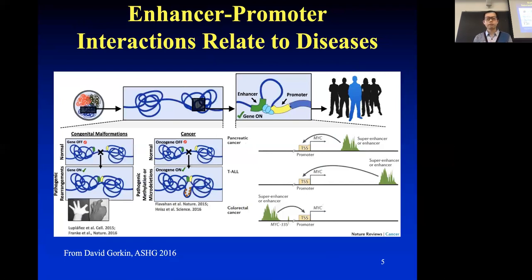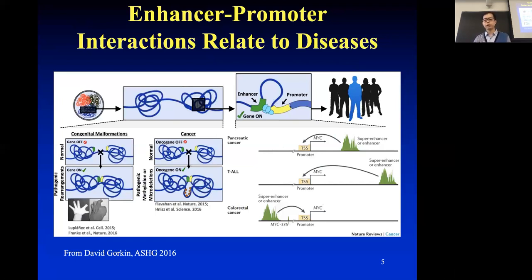Another tricky part of this kind of interaction is the three examples I show here. Not only is the interaction important, but where it impacts also has different consequences. You can see here I show three examples. The first one is pancreatic cancer. The second one is T-cell lymphoma. The third one is colorectal cancer.